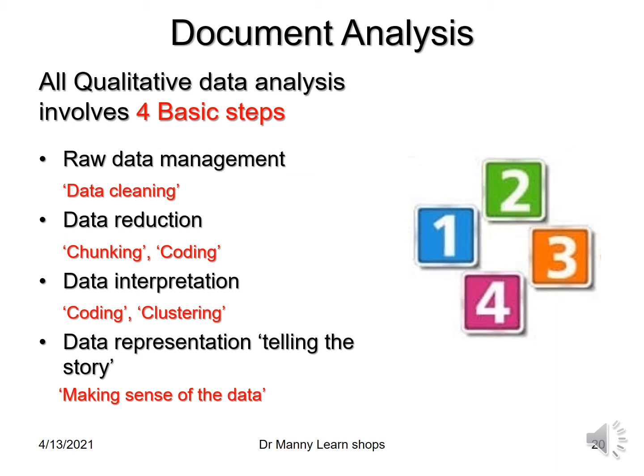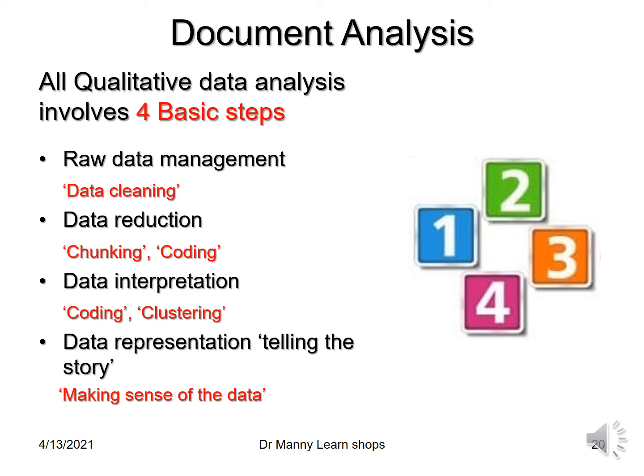So what's document analysis? Well, when you're analysing documents, there are basically 4 steps. You've got raw data management, where you've got a lot of data coming in and you need to clean it, which means get rid of some of it, because some of it will not be relevant. But keep it, don't throw it away. Then you've got data reduction, which is a form of cleaning, is where you start coding.